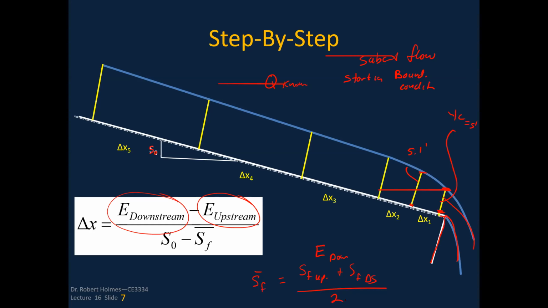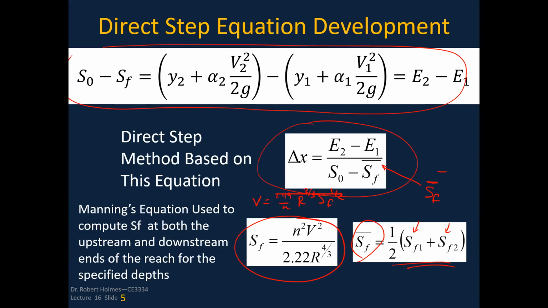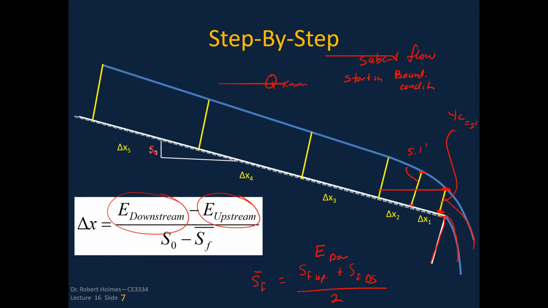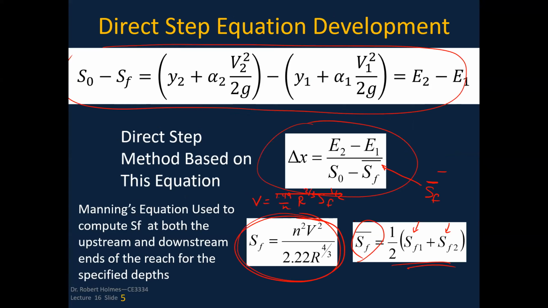Remember that we had the equation that told us how, from the Manning equation, we can calculate that friction slope. So S sub F upstream is equal to 2.22 times V squared upstream divided by, let's look at that, is that 5/3? No, it's 4/3. And I got the 2.22 in the wrong spot.